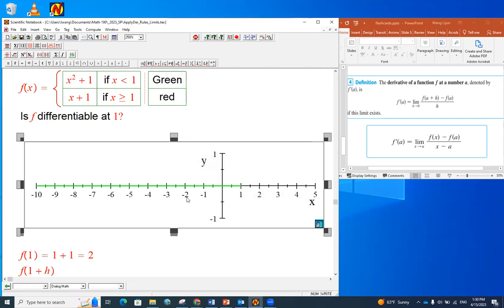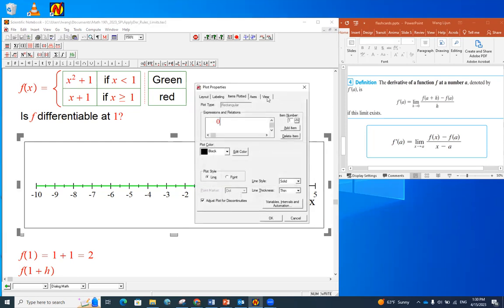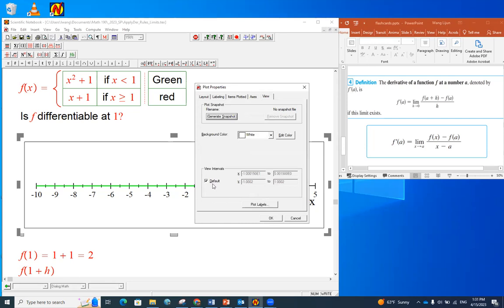What this says is that when x is less than 1, we're using this rule, x squared plus 1.